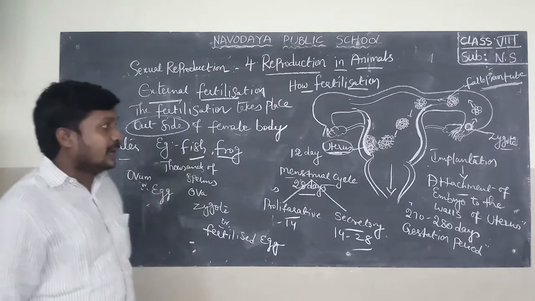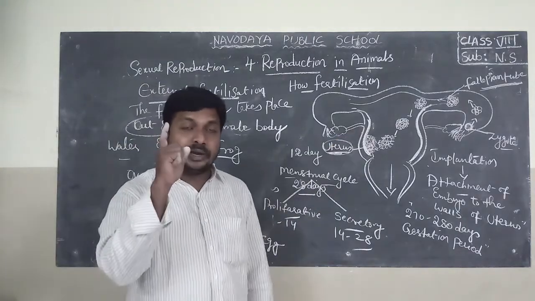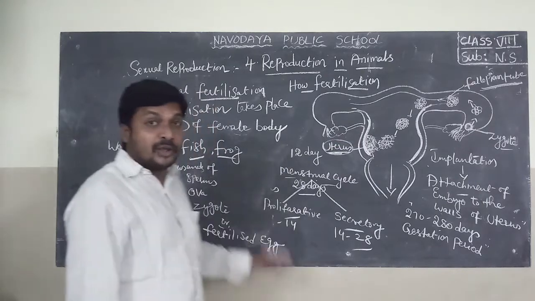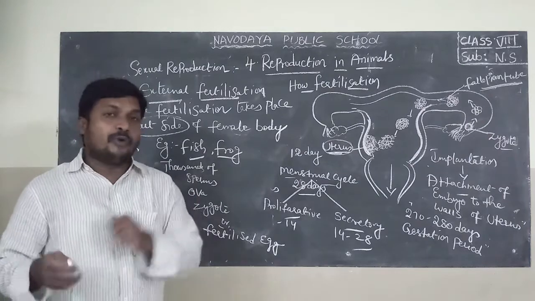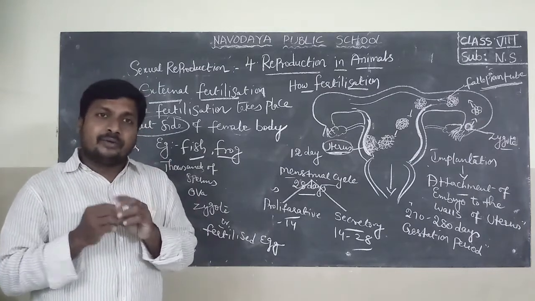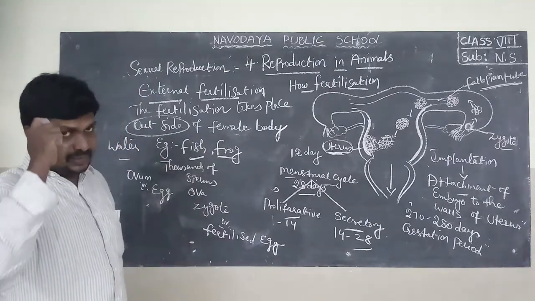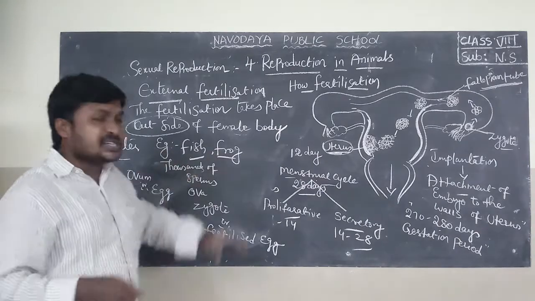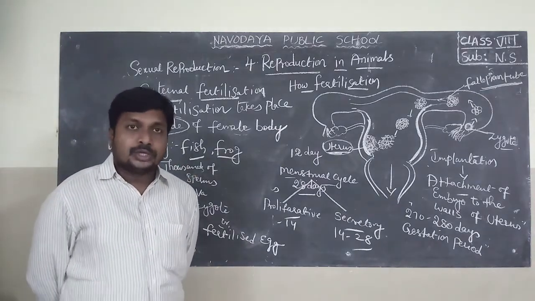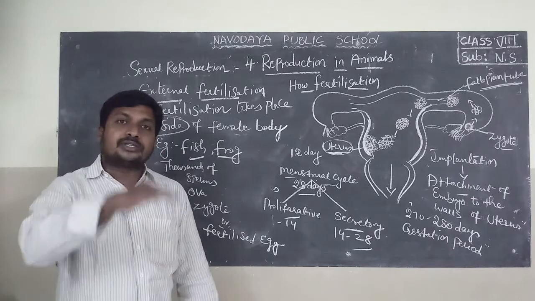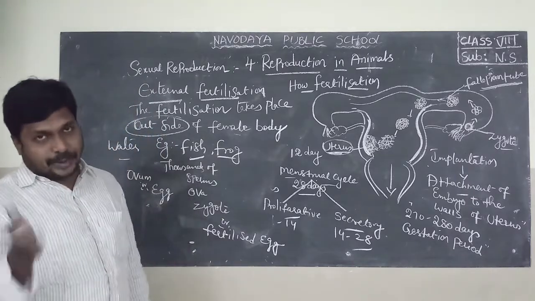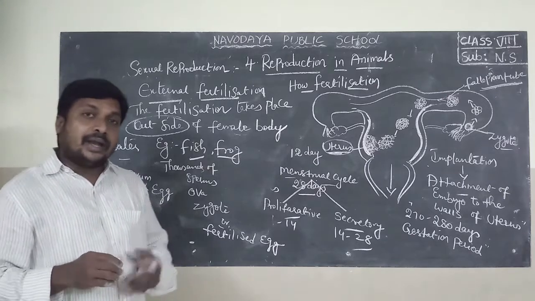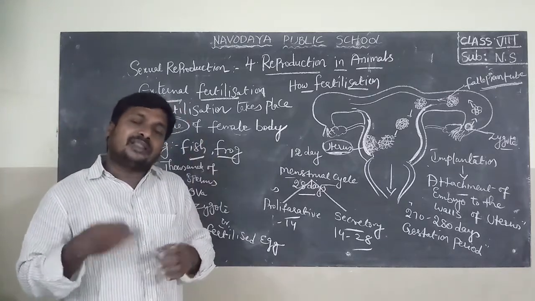A female human being releases only one ovum per month, but a female fish or female frog releases thousands of eggs at a time. What is the reason? Because fish and frog live in water. In water, we can find water waves. So some eggs are washed away with the water, and some are eaten by other fishes.